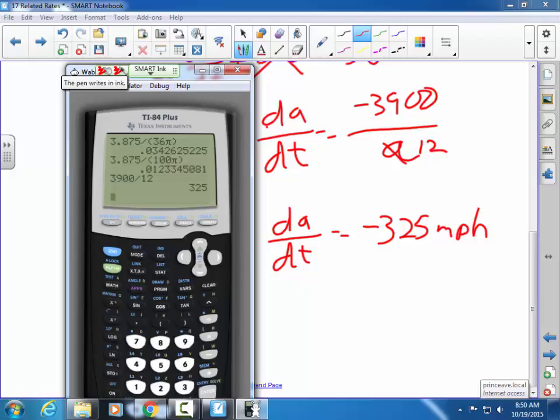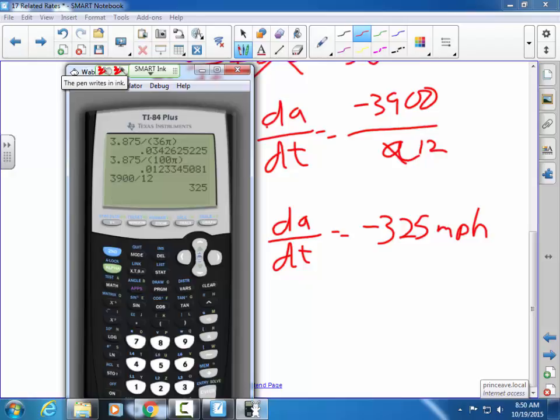Why negative? I mean, the math says it's negative. Is it really negative? What does that negative sign mean? Do you really think you're looking up there and the plane's flying backwards? Very good.